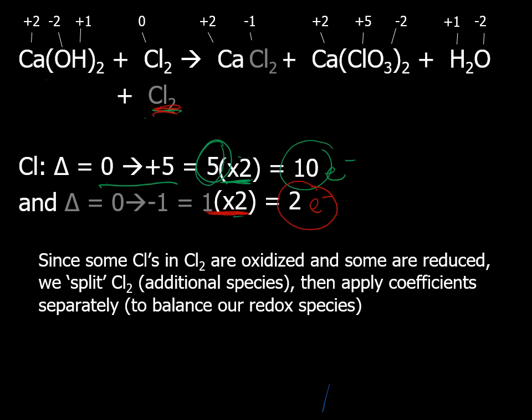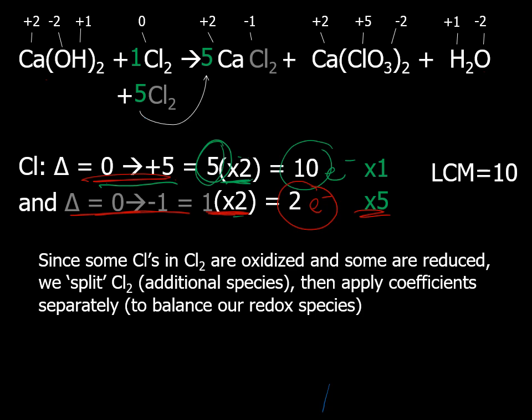Now we need these two numbers to equal each other. So we have our lowest common multiple of 10. We are going to apply our factor to each one of those. We need to put a multiple of 1 in front of the white chlorines here, and a multiple of 5 in front of these gray chlorines here. So let's do that on the left-hand side, and we're going to carry that through. Again, make sure you're matching it up with the right chlorine.